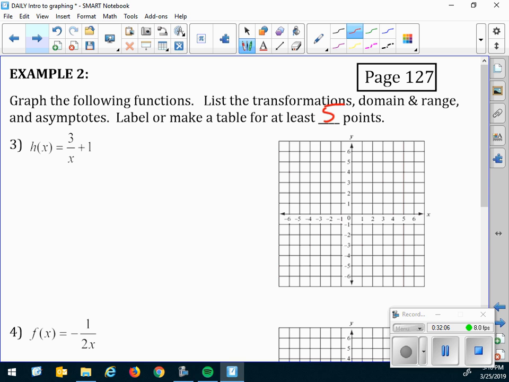If you look at the very bottom thing you wrote on your green sheet, what does that 3 tell you? Vertical stretch by a factor of 3, right? If it was between 0 and 1, if it was a fraction, it would be a compression. If it's negative, it's a reflection.